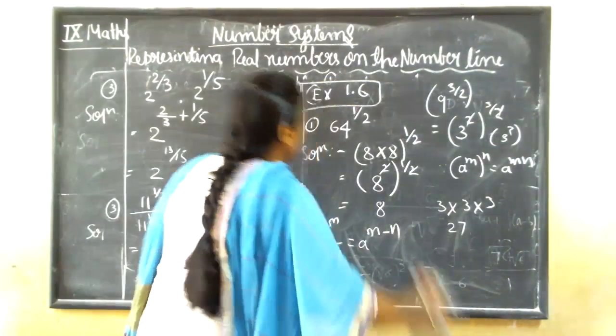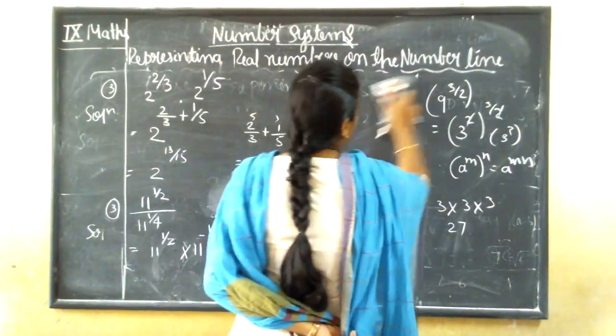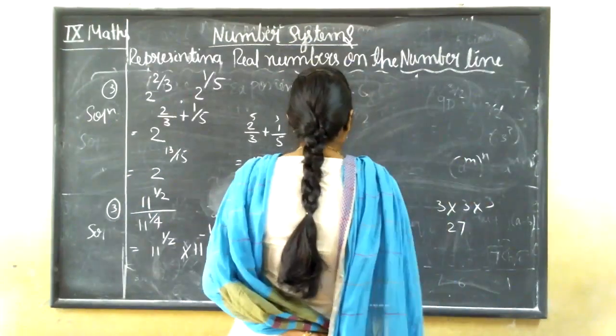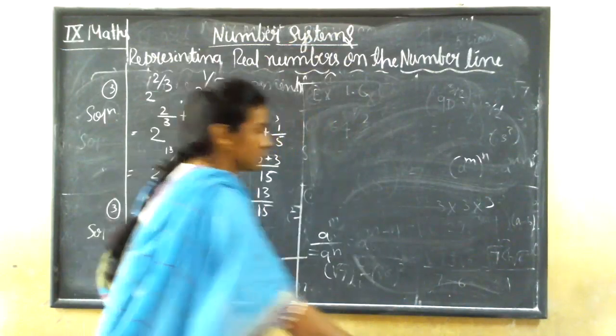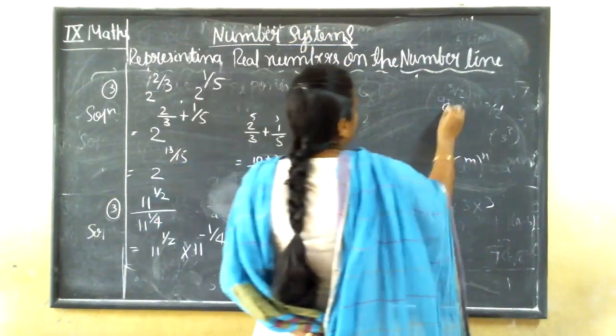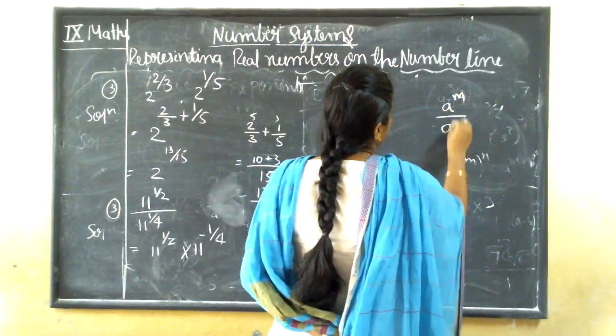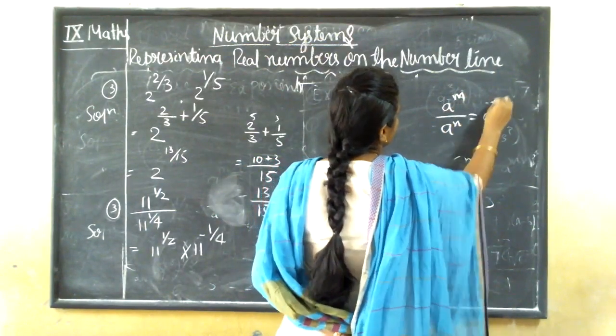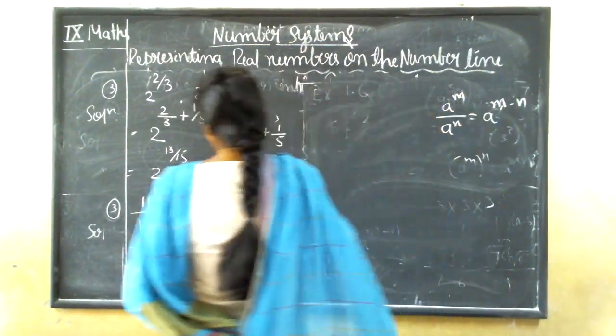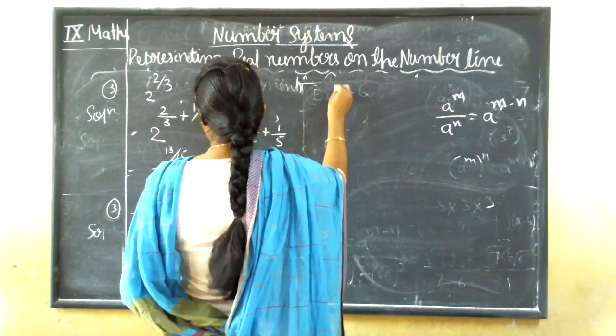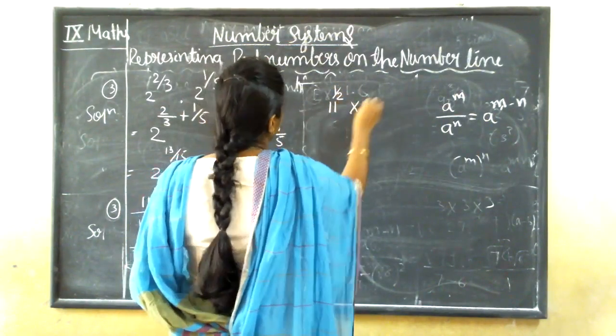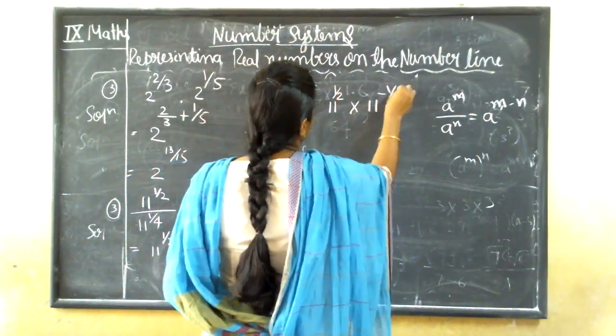So do the calculation. It is in the form of a raised to m divided by a raised to n, which is a raised to m minus n. Here also, 11 raised to 1 by 2 into 11 raised to minus 1 by 4. How can you write this?